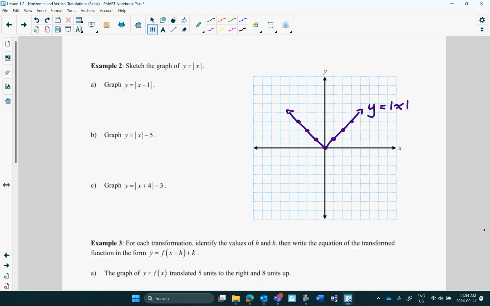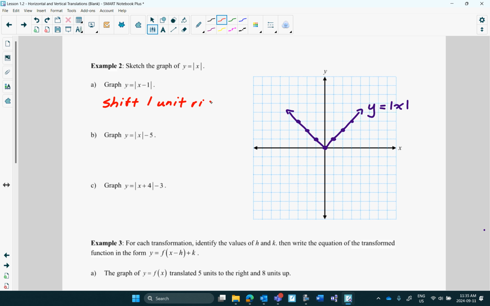Given what we just did on the last page, how do you think you'd graph A? Take every point on this one and shift it 1 to the right. Because it's inside the absolute value, isn't it? If it was outside, that means we'd go up or down. So this tells us shift, and I'll use a different color, shift 1 unit right.